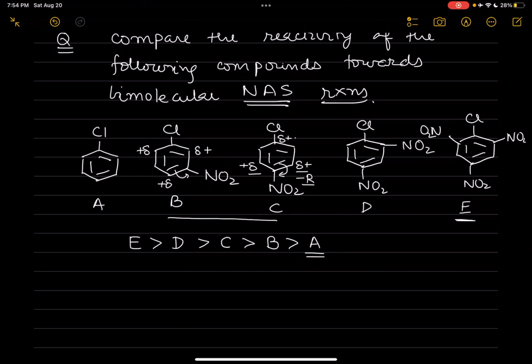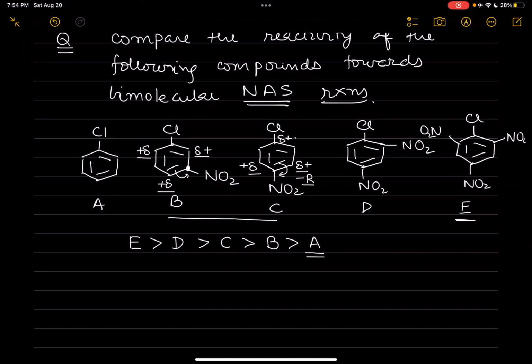For this NO2, the partial positive charge is coming at these positions. So first of all, it is not coming directly at the position where the Cl is connected and where the attack of OH minus is going to happen.